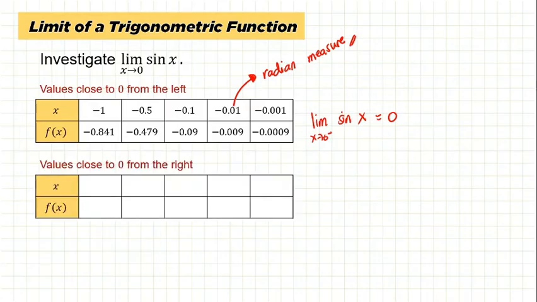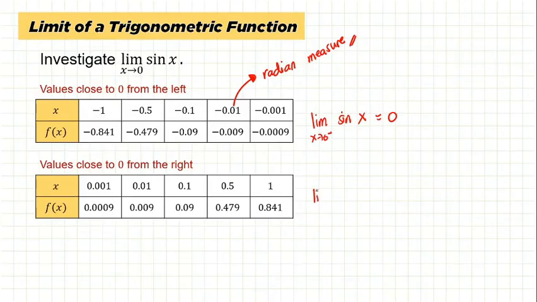Now, how about from the right? So we have 1, 0.5, 0.1, 0.01, and 0.001. Evaluating the function, we will have 0.841, 0.479, 0.09, 0.009, and 0.0009. As you can see, the values of the function approach 0.